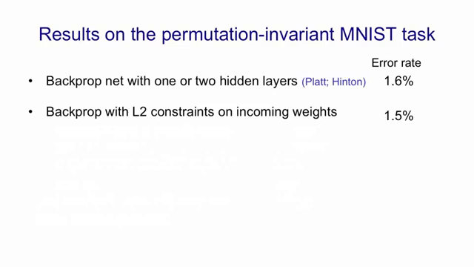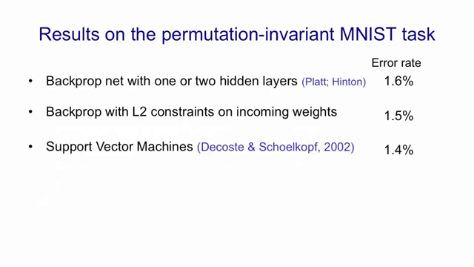If you use an appropriate restriction on the length of an incoming weight vector, you can do a bit better than 1.6%. Support vector machines can get 1.4%, and this was one of the pieces of evidence that led to support vector machines supplanting backpropagation.